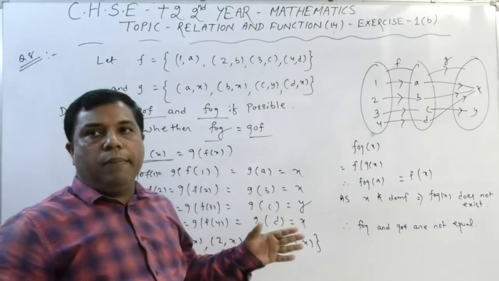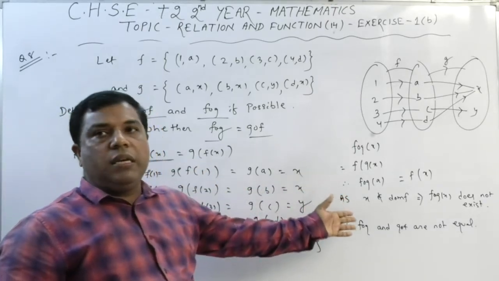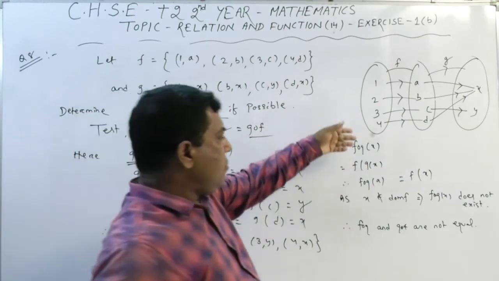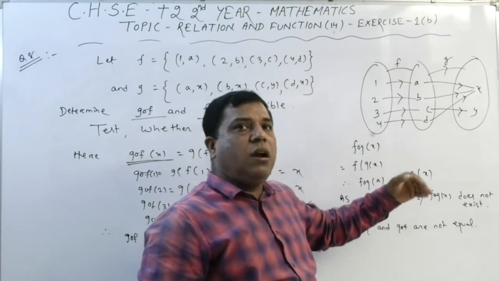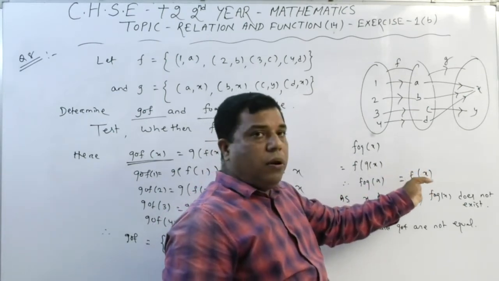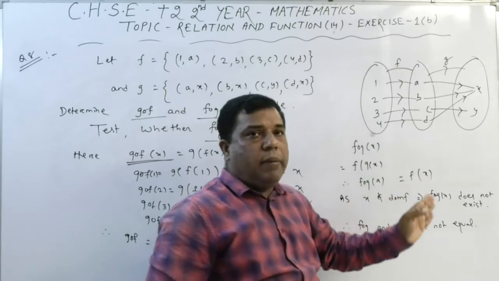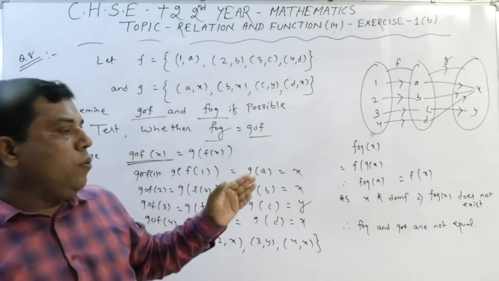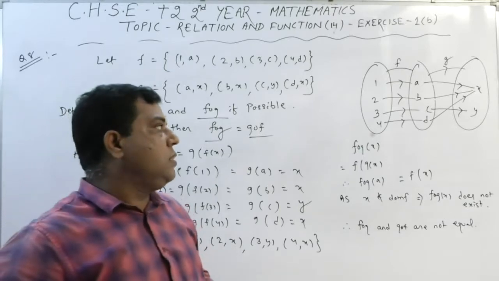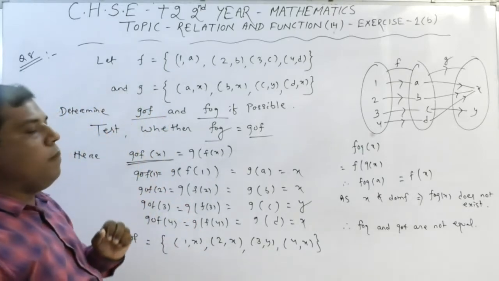Similarly for other elements. Okay, and you see the range element of g is not present as a domain element of the function f. So that value, that f∘g, does not exist. So this is concerned with composition.